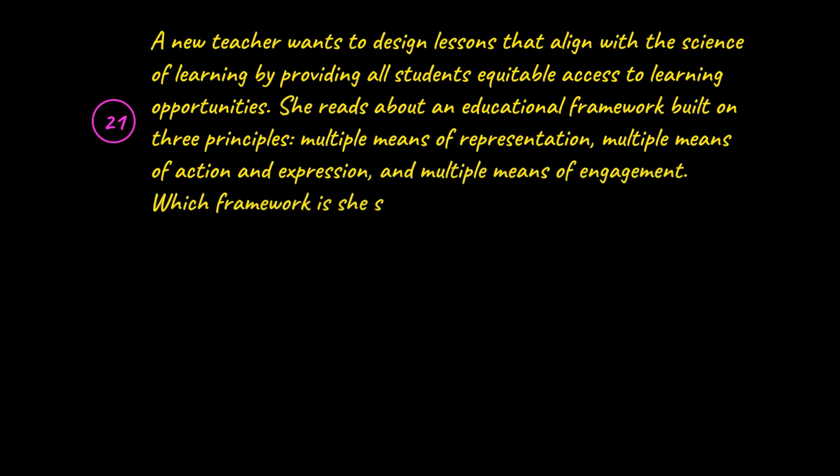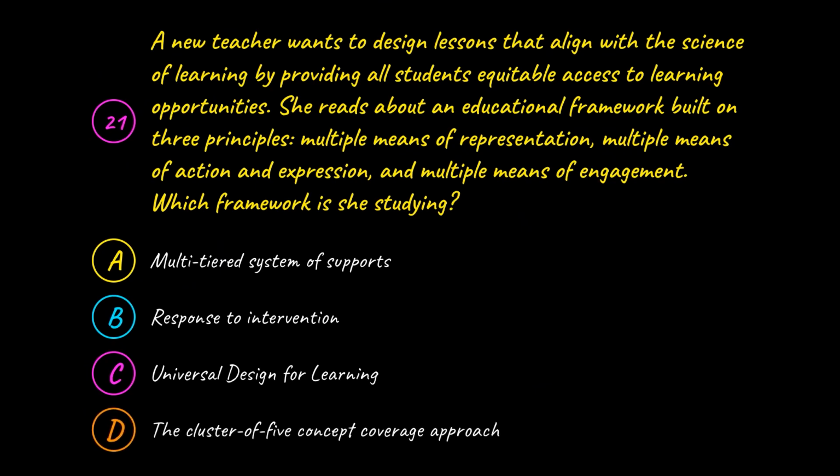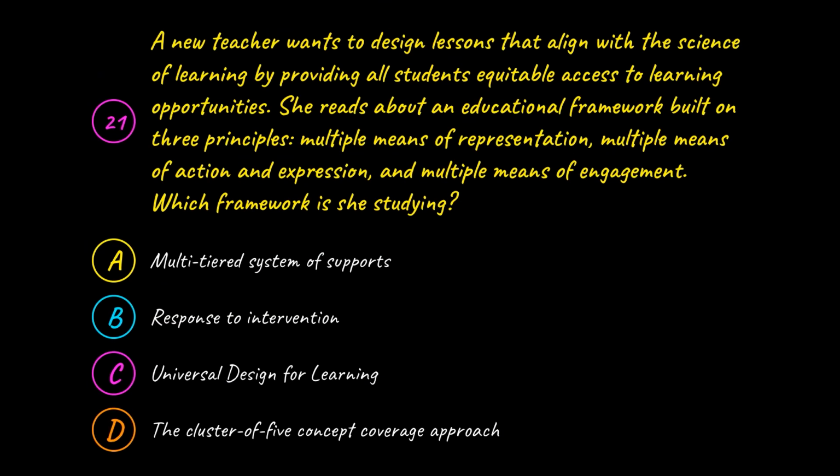Which framework is she studying? Your options are A. Multi-tiered system of supports. B. Response to intervention. C. Universal design for learning. D. The cluster of 5 concept coverage approach. Pick one. Trust your gut. Here's your chance to test yourself.